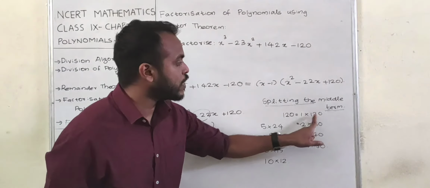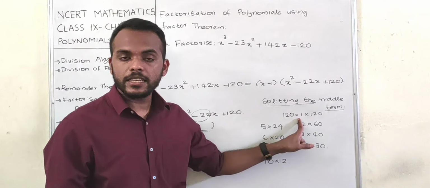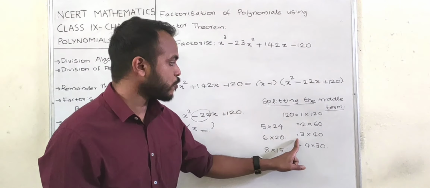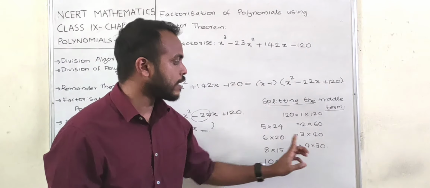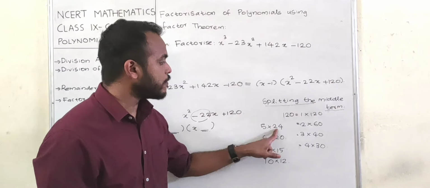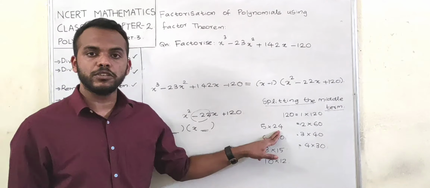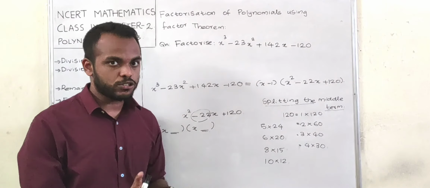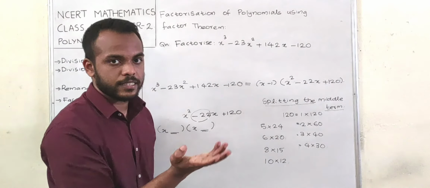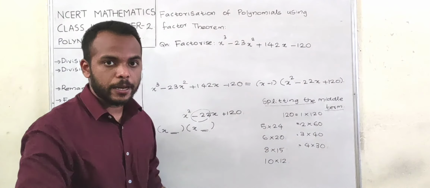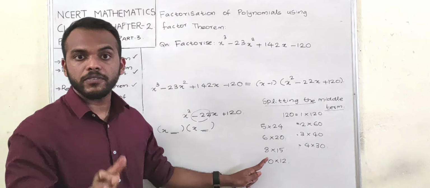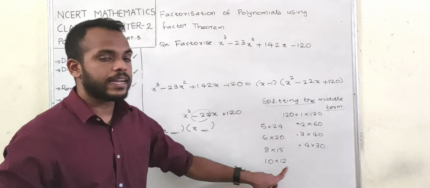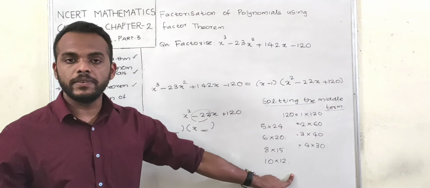Let's see, 1 and 120 cannot be, 2 and 60 also not possible, 3 and 40, 4 and 30 are also not possible. 5 and 24. If you add 5 and 24, you will get 29. You subtract, you will get 19, not 22. Then 6 into 20 is the same way. 8 into 15. 8 plus 15 is 23, but we need 22. Then 10 and 12. What is the sum of 10 and 12? 10 and 12 is 22.